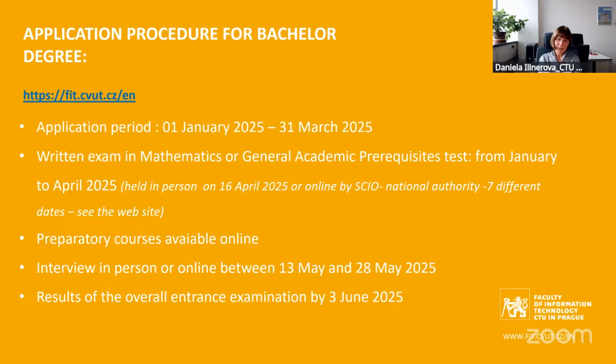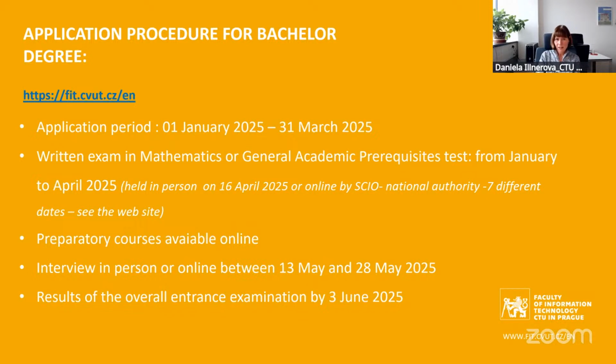And you will then get the decision about the result if you are admitted or maybe not. I hope it won't be your case. But the deadline for sending the result is by the 3rd of June this year. So this is for bachelor degree.